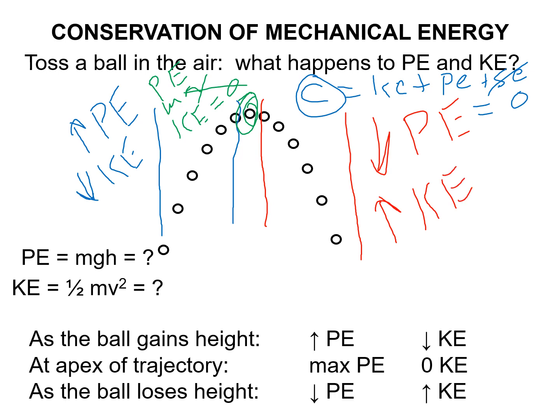Potential energy is mass times gravity times its height. If height is being lowered, then potential energy is being lowered. But as it's falling, it's starting to build velocity, so it's going closer towards its maximal kinetic energy.